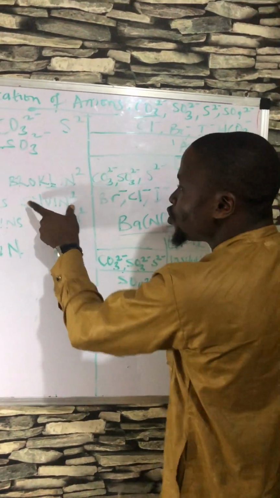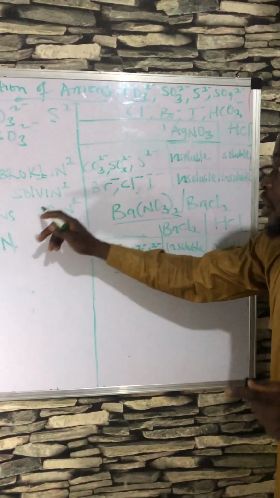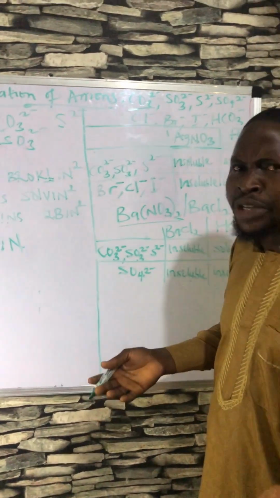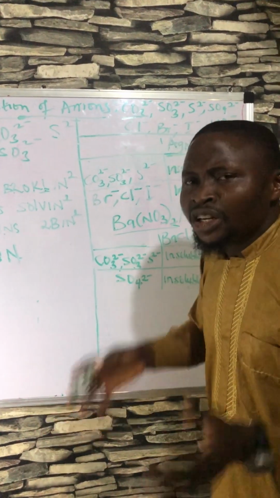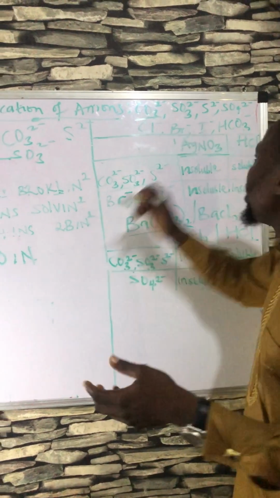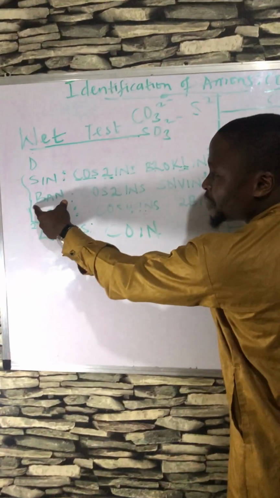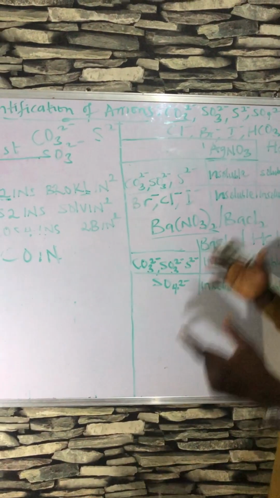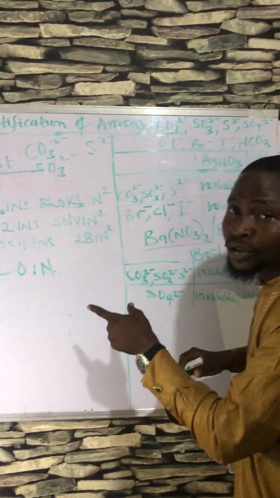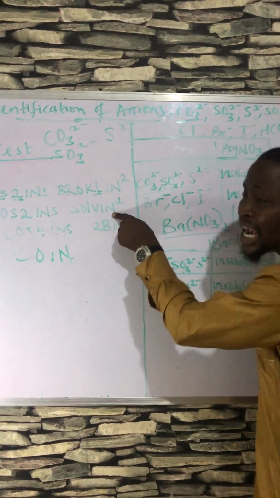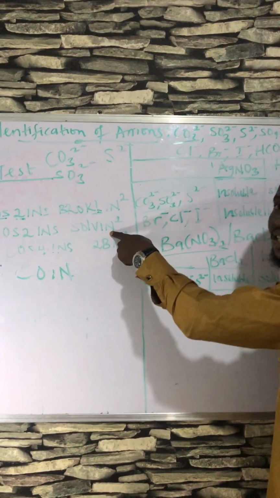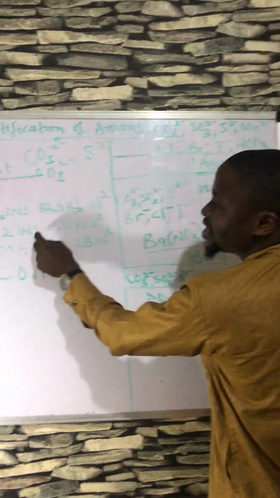Then this guy also, SO4 squared. Sulfates, tetraoxosulfate(VI) ion, SO4 2 minus. When you add barium nitrate into a solution containing this anion, you are going to have a white precipitate.